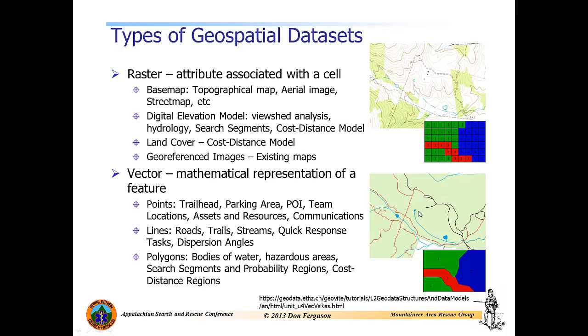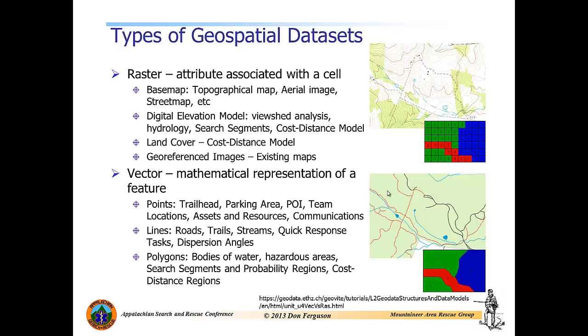With vector data, it is the actual points, lines, and polygons, and you can associate lots of attributes with that data. So with this line that represents a road, you can probe that and get the name of the road, the length of it, maybe who maintains that road, and things like that. You can actually get access to the attribute data that's associated with the vectors, and we'll talk about that a little bit later on.